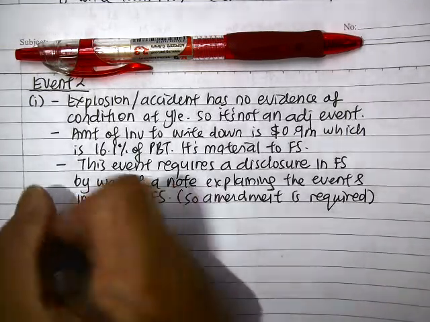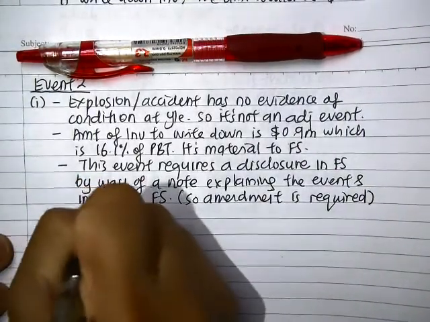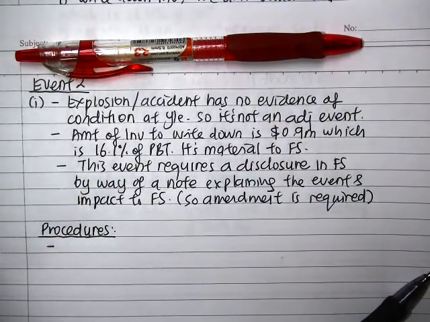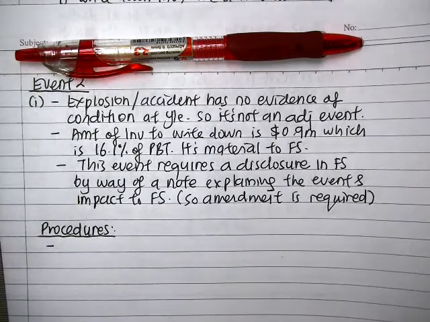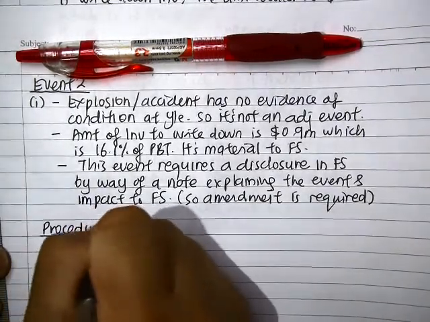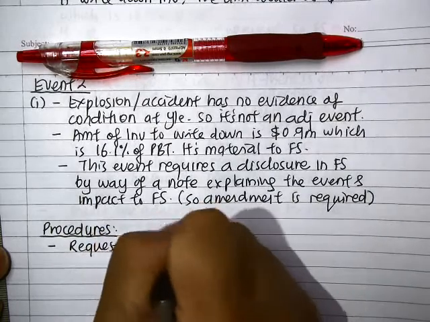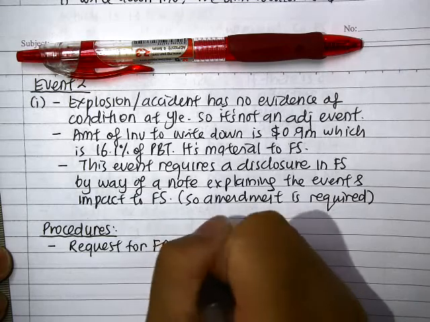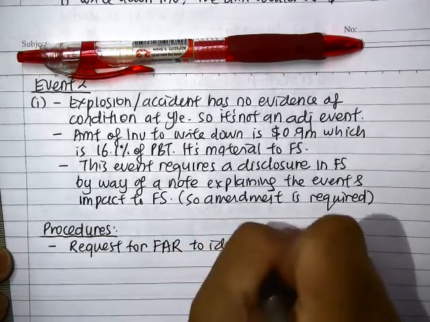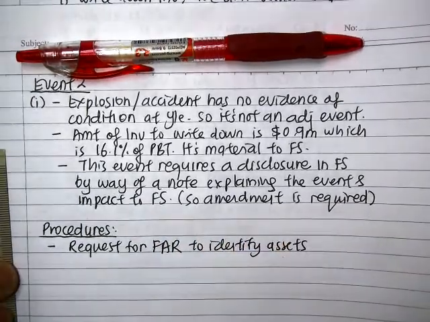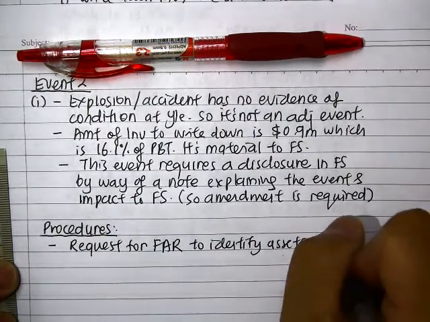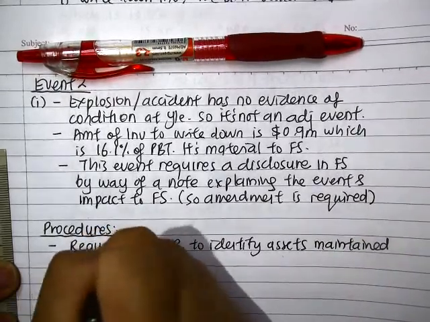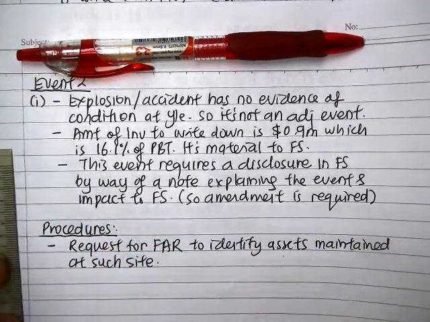Okay, so what procedures must we do? First, they tell us that there's an explosion in the site, so we should request for the fixed asset register to identify the assets maintained at such site.